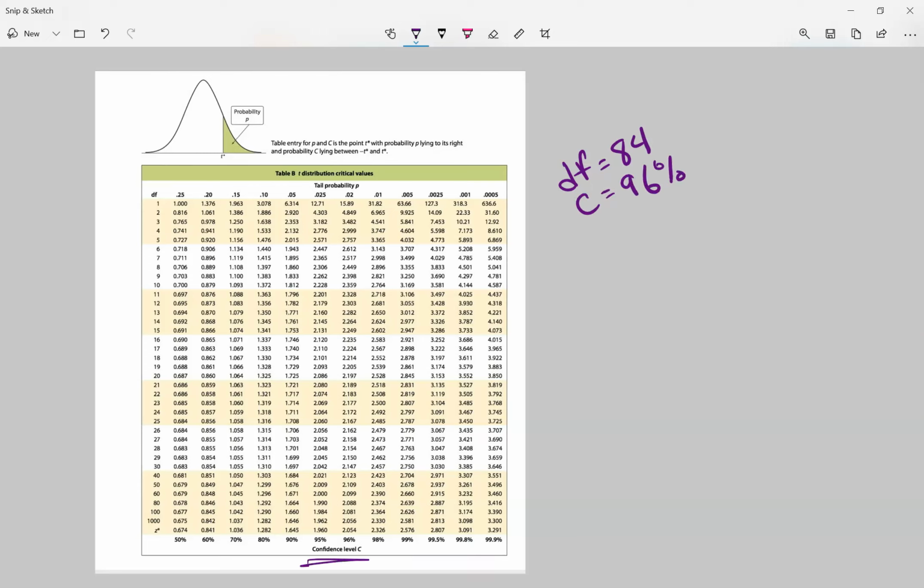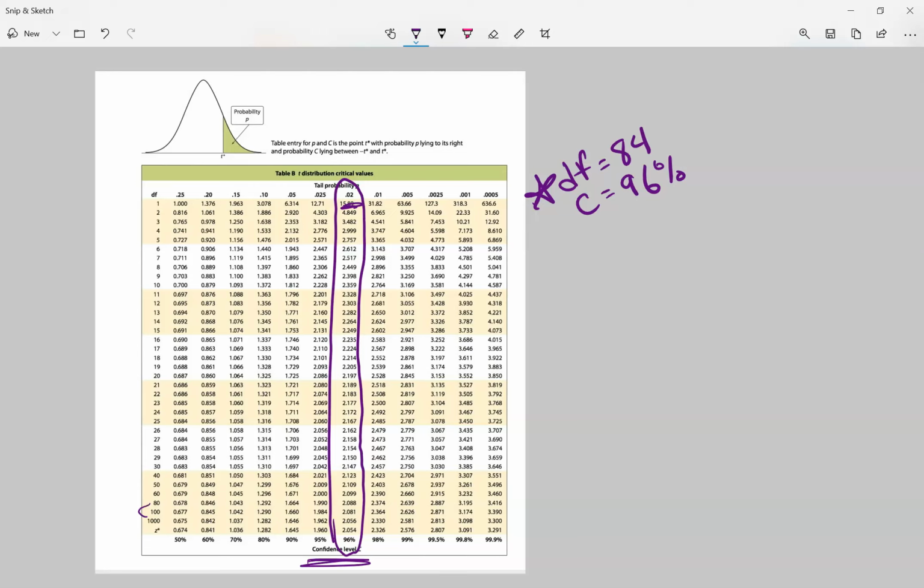At the bottom where it says confidence level, we're going to look at 96%, so we're looking at this section right here. It even tells you that the tail end probability is 0.02. Then we look through our degrees of freedom, which is 84.